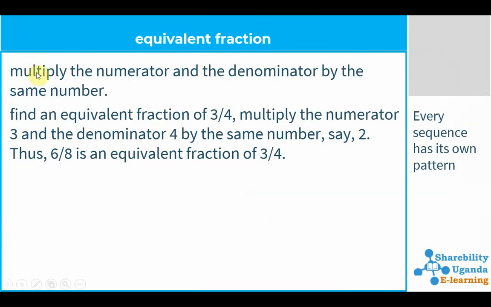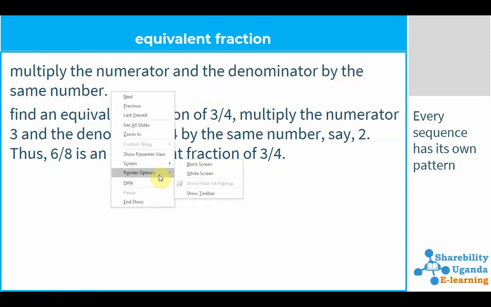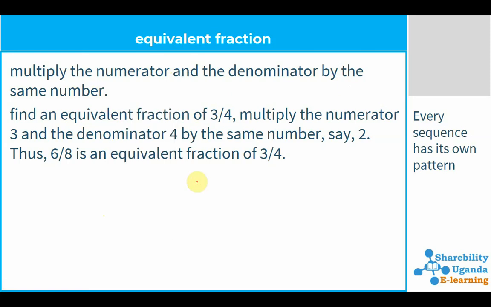To get fractions that have the same value, we multiply the numerator and the denominator by the same number. Let me demonstrate. We are given a fraction, say, find an equivalent fraction of 3 by 4.